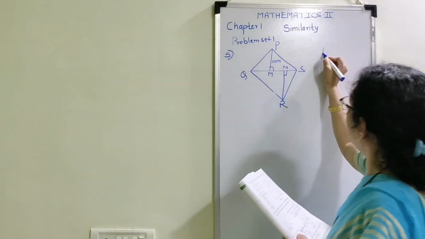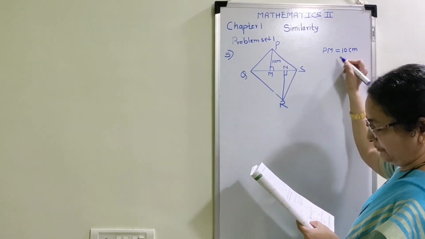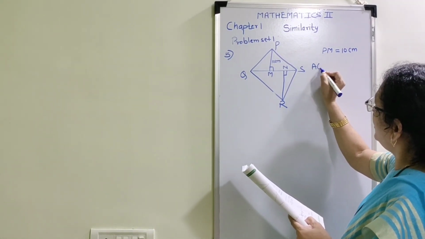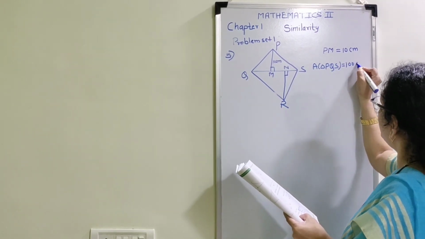I am going to write the given things here. PM is equal to 10 centimeter. Also, area of triangle PQS is equal to 100 square centimeter.